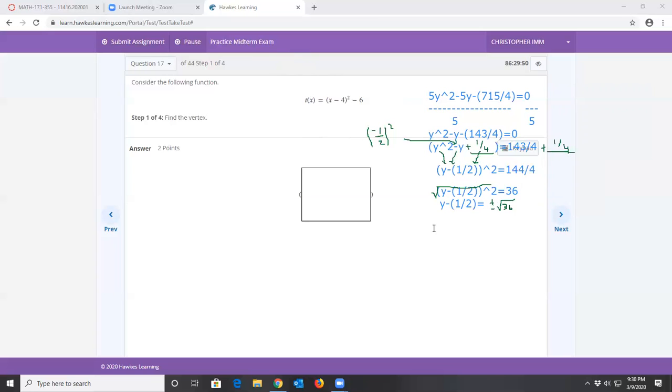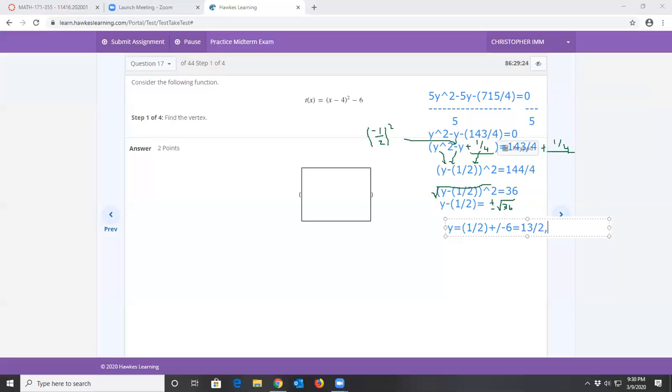Gotcha. Okay. The last thing I'm going to do is add that 1/2 over. So I'll have y is equal to 1/2 plus or minus the square root of 36, which is 6. If I have 1/2 plus 6, that would be 6.5 or 13 halves.